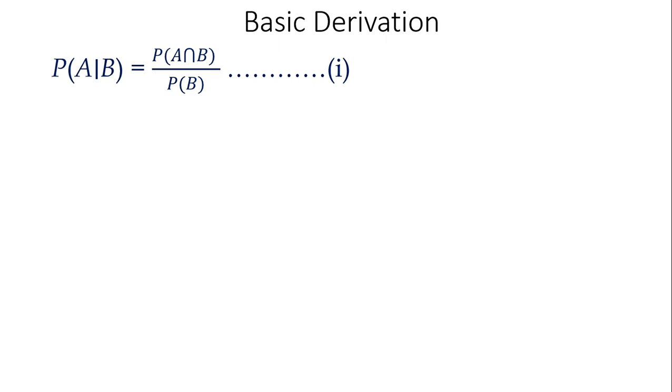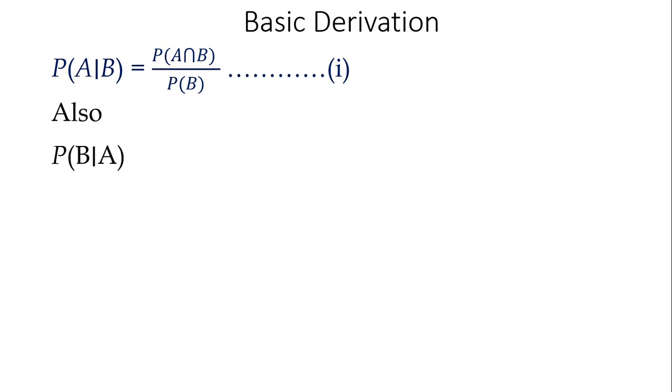So if we have probability of A given B, what is the probability of B given A, just using the conditional probability. So we can also establish that relationship.